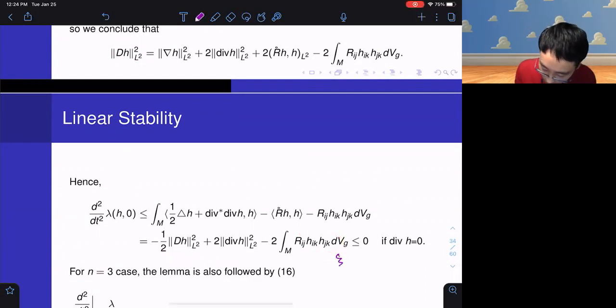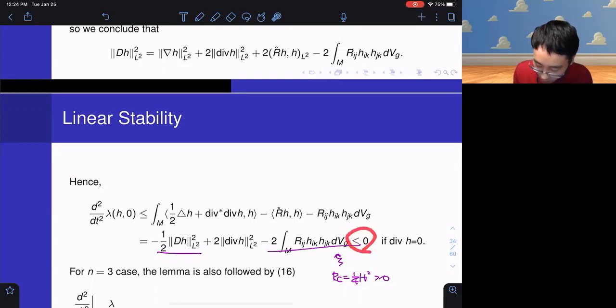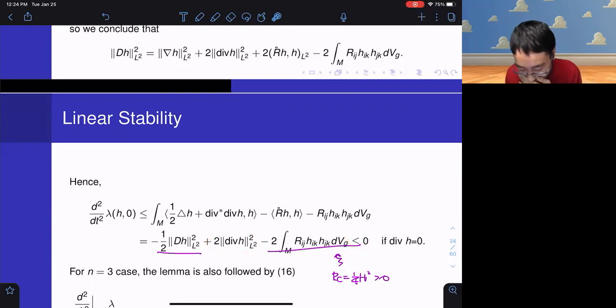But here the Ricci term, 1/4 |S|^2, is always positive. So this is non-negative and this is non-negative. The whole term will be non-negative if you assume divergence free. Okay, so we are done.